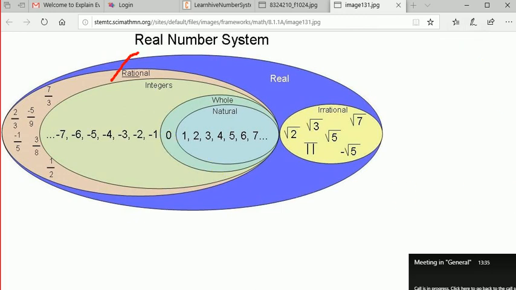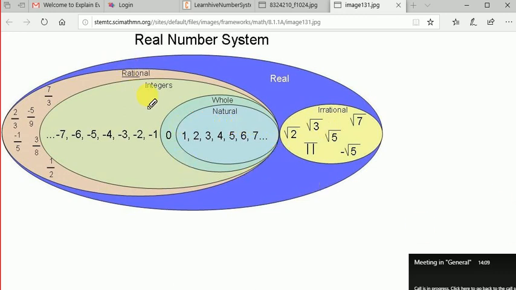But if I say all real numbers are rational, no, because some of the real numbers are also irrational. If I say all natural numbers are whole numbers, yes, all natural numbers are a part of whole numbers. But the other way, if I say all whole numbers are natural numbers, no, because 0 is a part of whole numbers, but it is not a part of natural numbers.